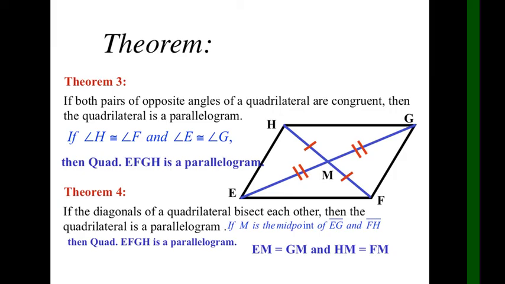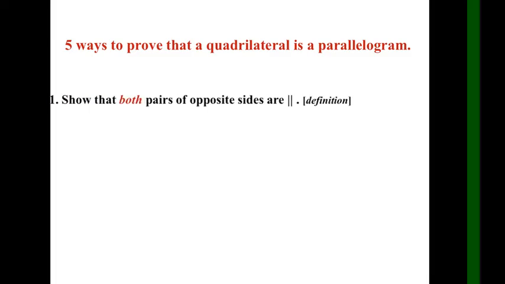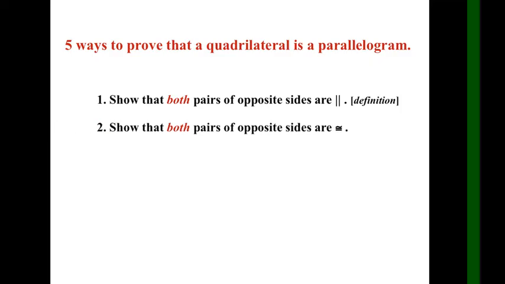Nagets nyo ba? Kaya meron tayong apat na theorem. So, we need those four theorems para ma-prove natin na yung sinasabing figure is a parallelogram. So we have these 5 ways to prove that the quadrilateral is a parallelogram. First, show that both pairs of opposite sides are parallel. Second, show that both pairs of opposite sides are congruent. Dapat lagi silang congruent.